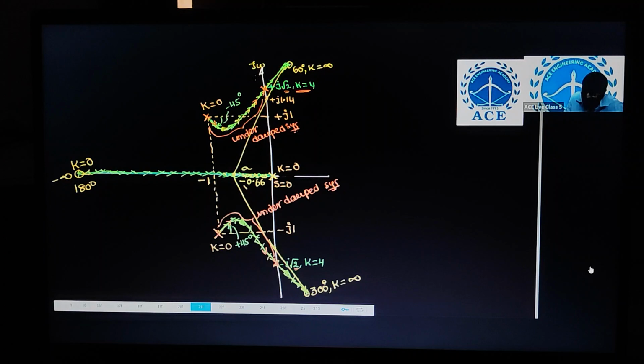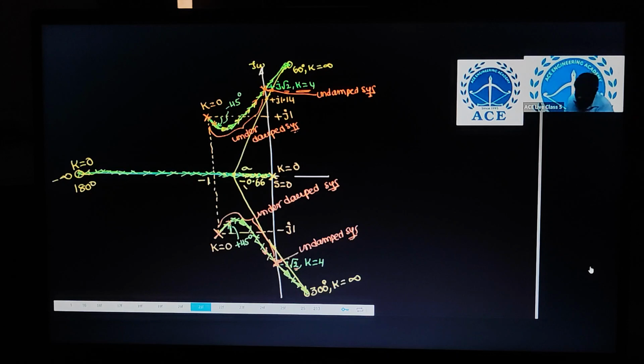Undamped nature. So it is called an undamped system, where the poles are imaginary. This is the underdamped system: complex conjugate here, here, here, underdamped.